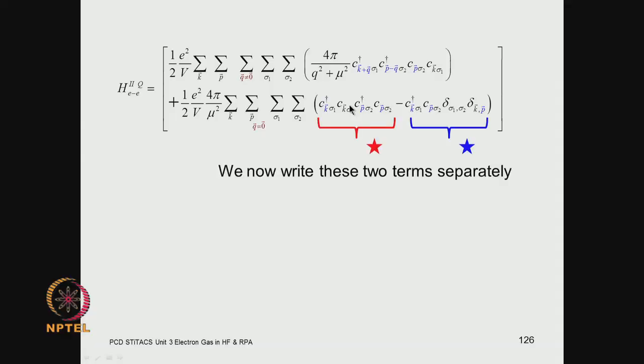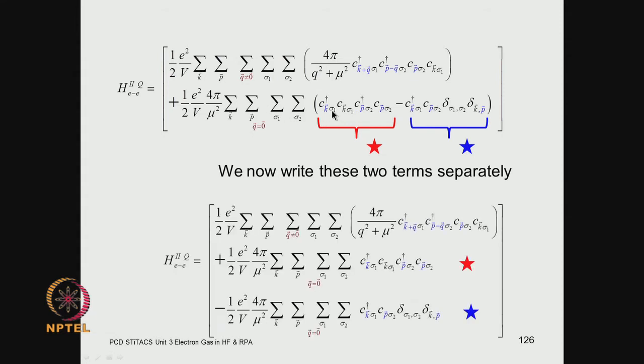Now let us look at these terms carefully. There are 2 terms in the second part corresponding to q equal to 0. One is what I indicate by the red star and the other by the blue star. What I will do is rewrite this expression with these two terms spelled out explicitly. Instead of putting them together in a bracket, I will write them as two separate terms.